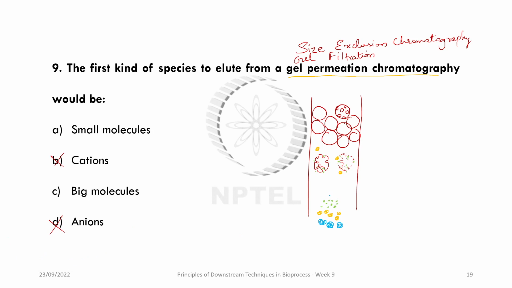Finally, the extremely small molecules, right? The bigger the particles, the faster they elute outside. So the first kind of species to elute from a gel permeation chromatography would be big molecules, right?